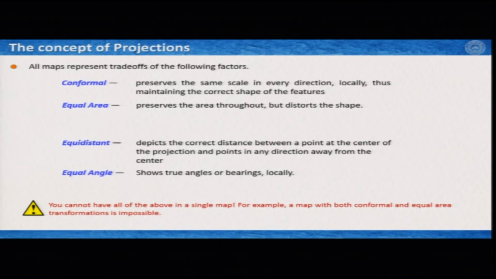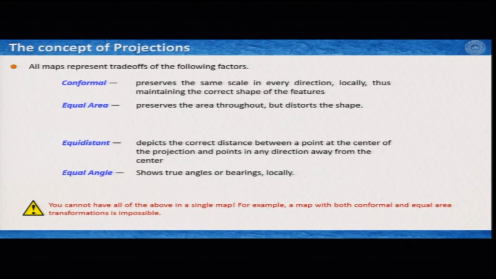On the other hand, the equidistant projection depicts the correct distance between a point at the center of the projection and points in any direction away from the center. So, conformal mapping keeps the shape and equidistant projection keeps the distance between 2 objects.